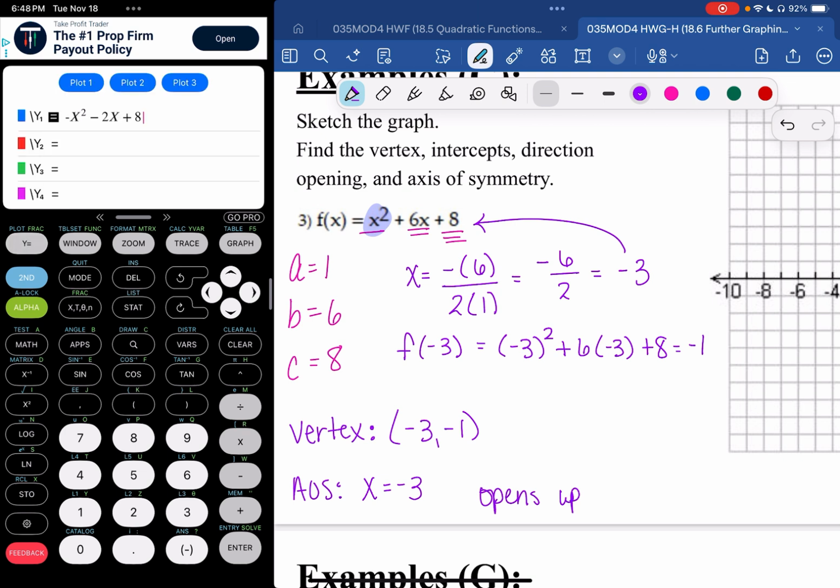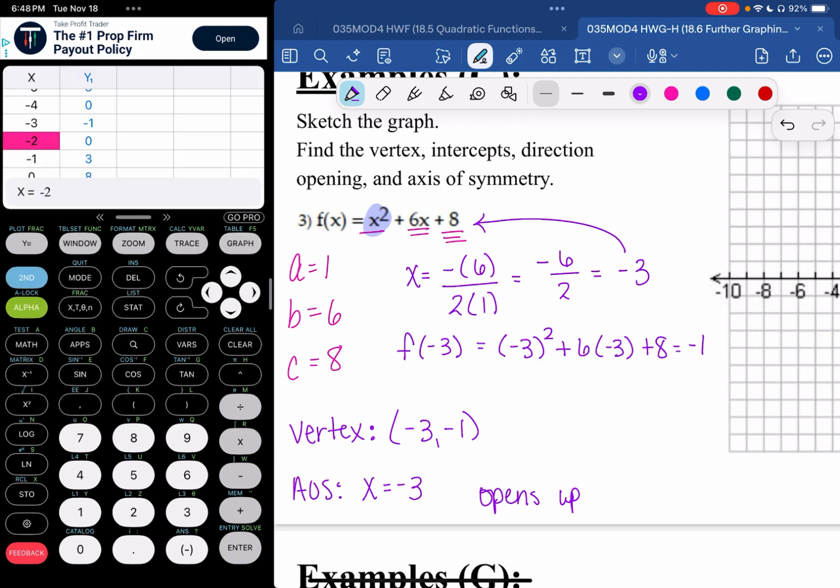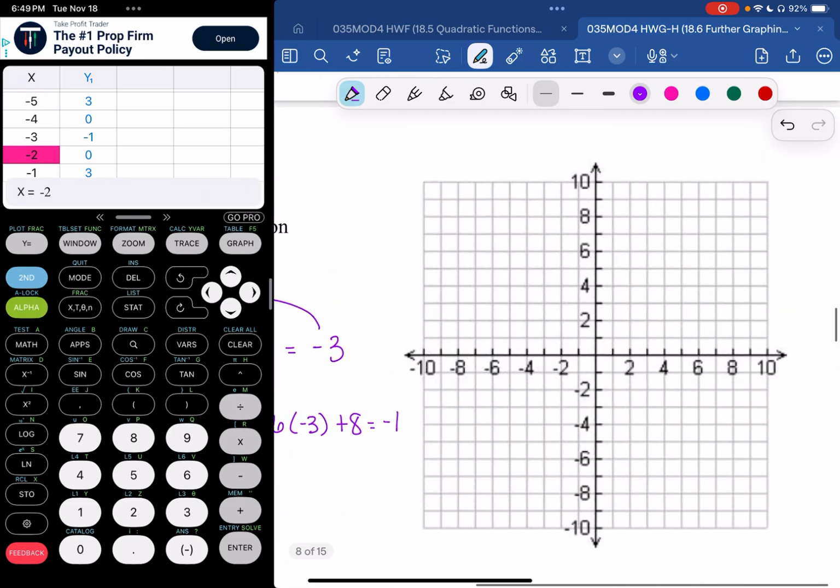And then we can use our calculator to graph it and get some more points. So x squared plus 6x plus 8. The second graph, I'm going to go find my vertex because I want points around that. So negative 3, negative 1.